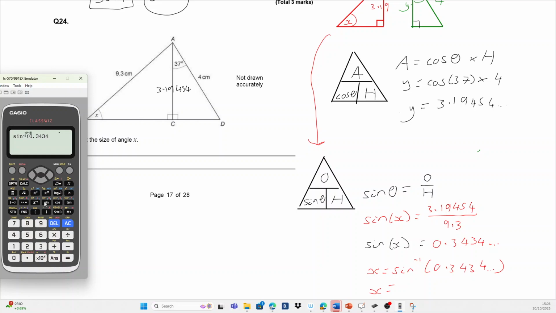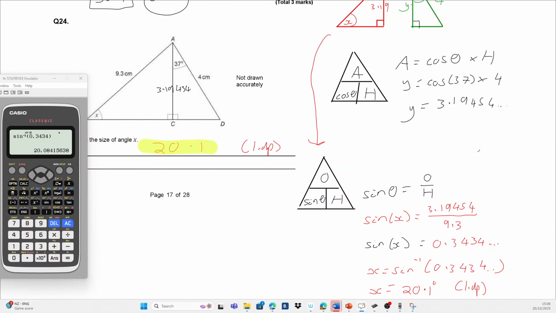I should have used some more decimal places, but that will be fine. Press equals, and the answer is 20.1 degrees to 1 dp.